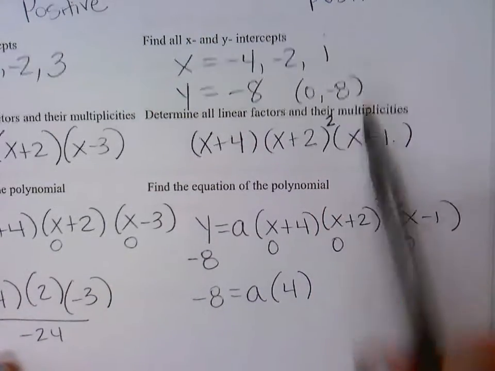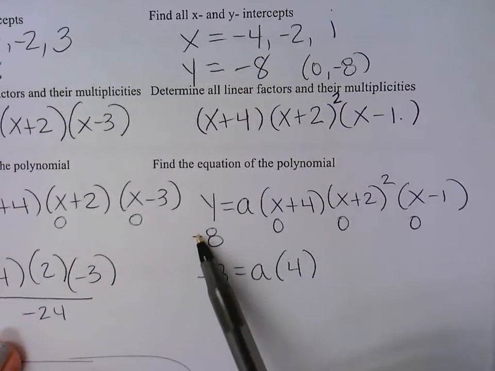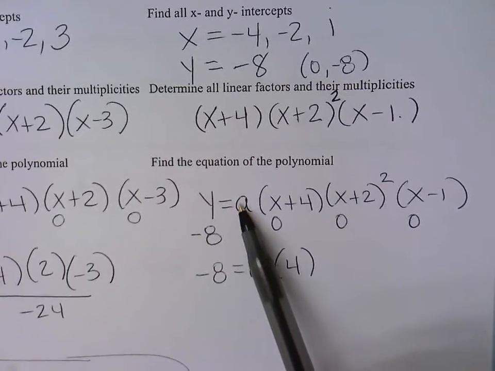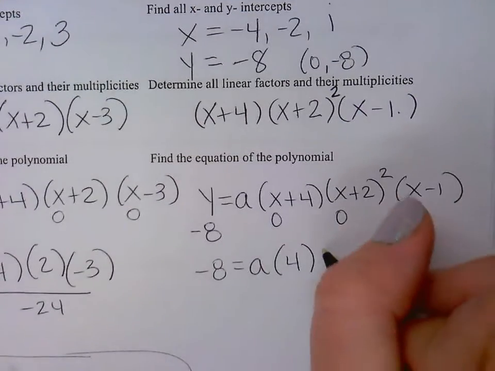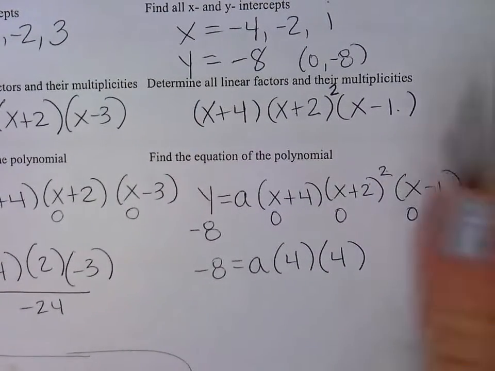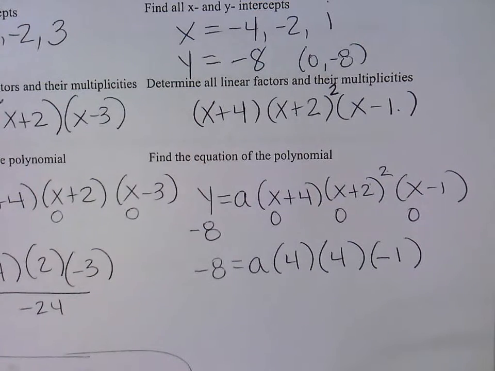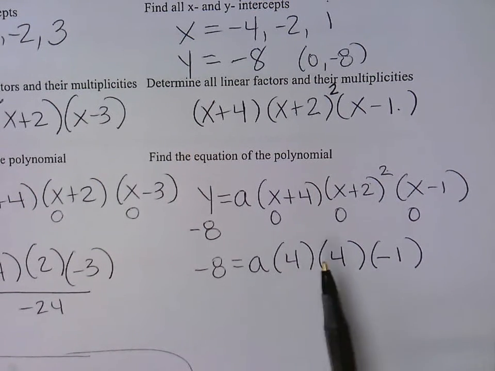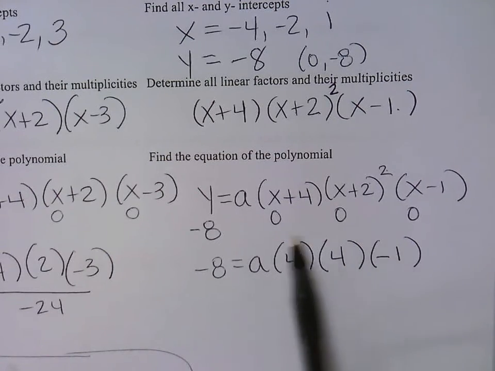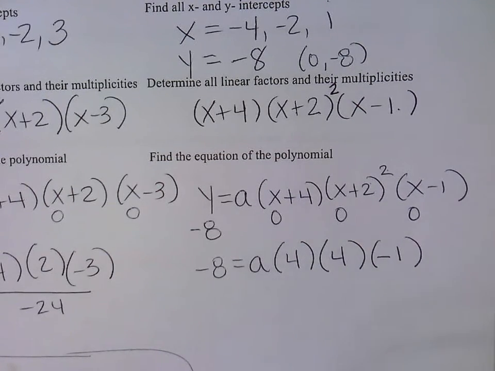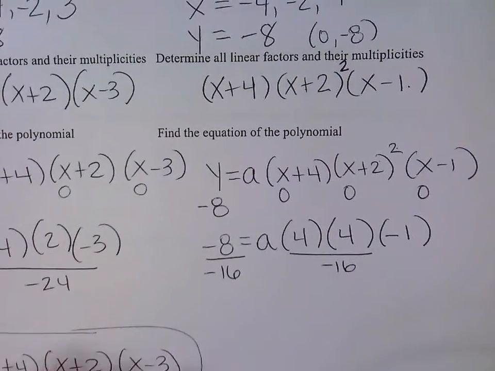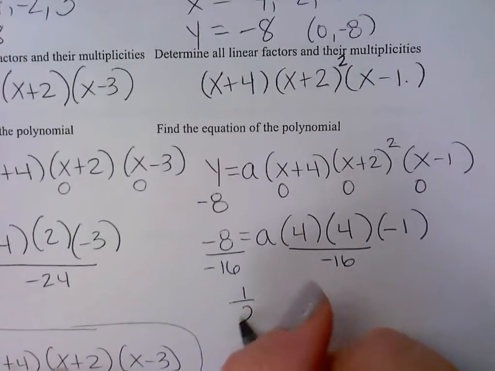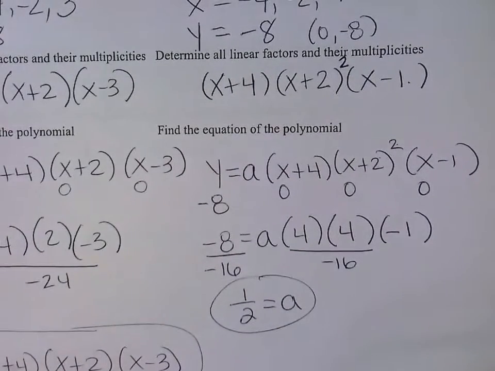So I'm plugging in zeros for the x's and negative 8 for the y, so I can solve for the missing variable. So this is really the number 4, because it's 2 squared, and negative 1. Yep, because what is 4 times negative 1? That's negative 16. So I'm dividing both sides of the equation by negative 16 to get a by itself. So 1/2 is that a value of the function.